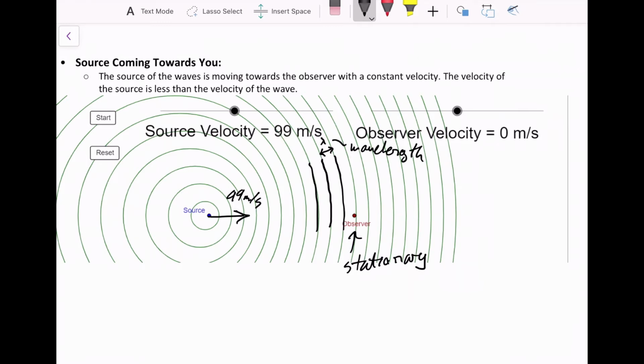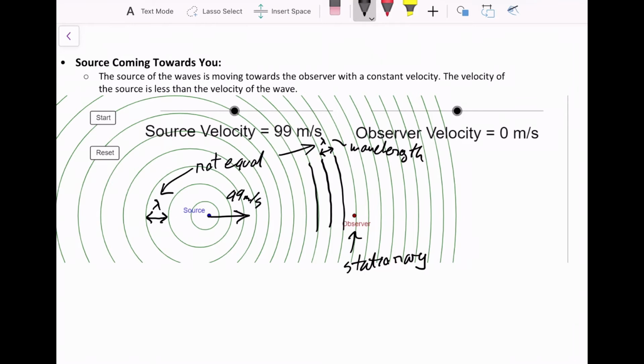And so right away we can see that the wavelength over here to the right, in the direction that the source is moving, is smaller than the wavelength to the left. So over here we've got a wavelength as well, but obviously these 2 wavelengths are not equal to each other.